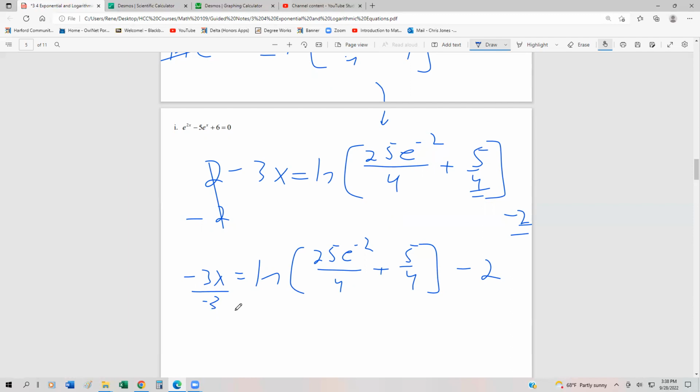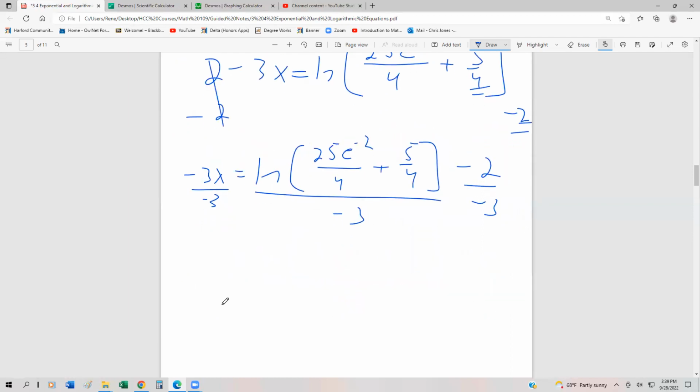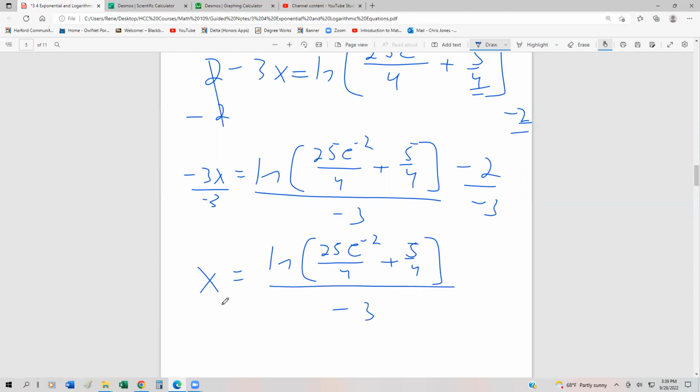So one possible answer, although it's not nice, is going to be ln of 25 e to the minus 2 over 4 plus 5/4 divided by negative 3. Negative and negative becomes positive 2/3. Or if we wanted to stick it all under the same denominator, we could have minus 2 in the numerator. So these get pretty ugly.